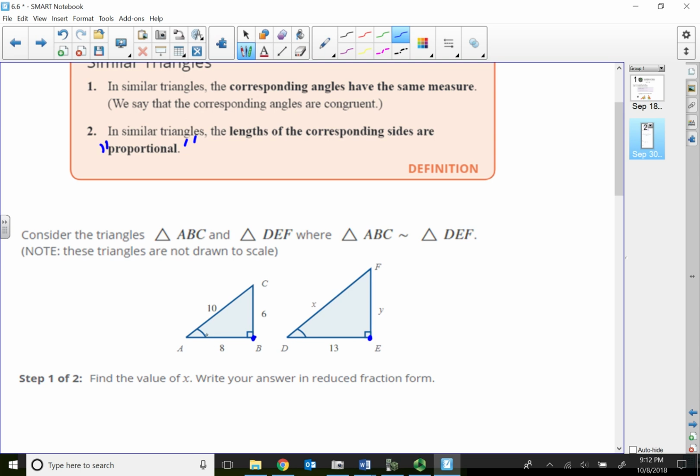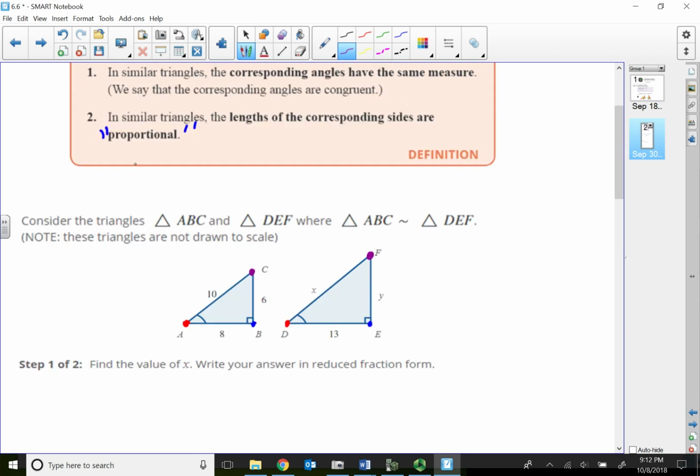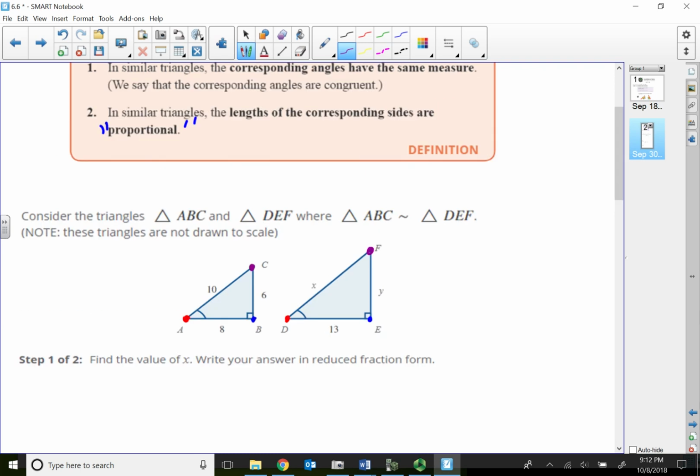And this mark right here shows that angle A is the same as angle D. Therefore, angle C and F have to be exactly the same. I color coded them so they can help me find the missing sides. The corresponding sides are proportional, so one side is bigger than the other side.